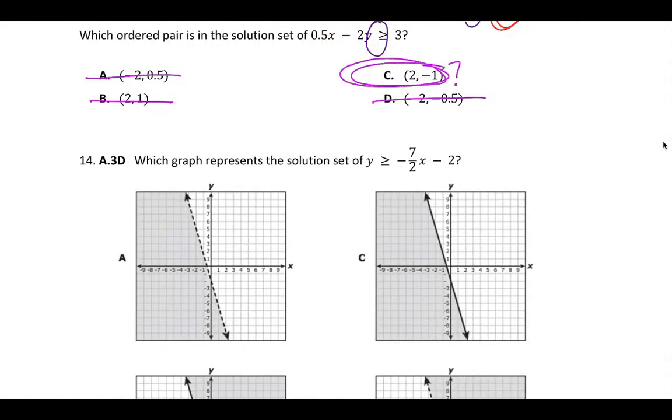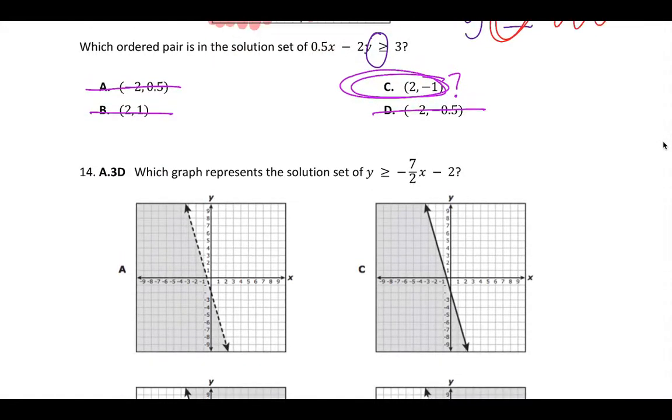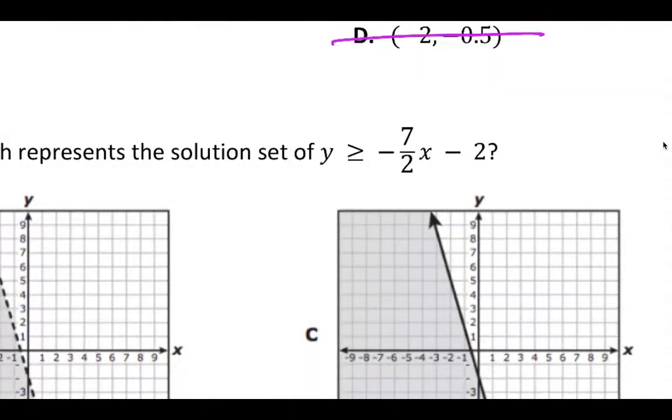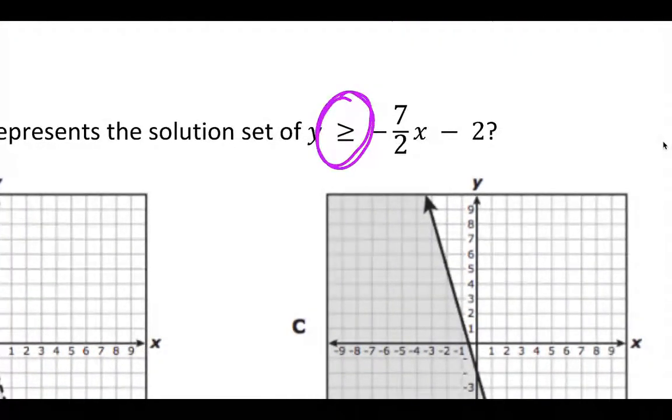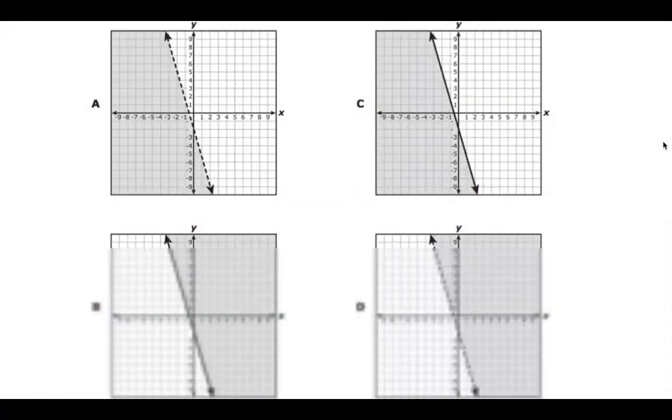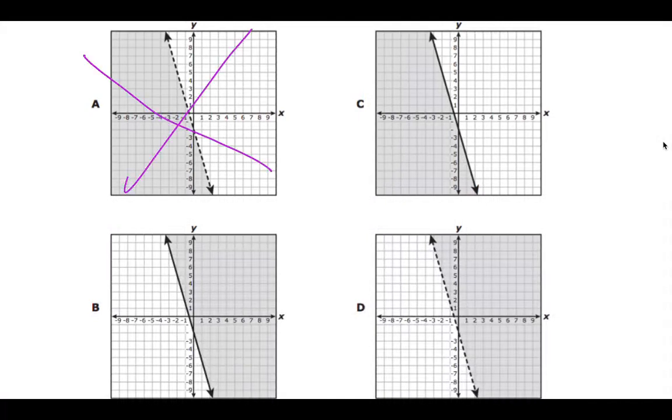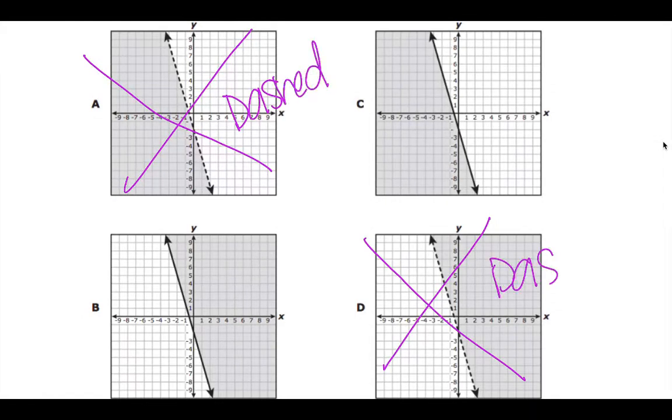Which graph represents the solution set for this inequality? Honestly, I would just look at the sign first and see if I can eliminate anything based on that. So knowing there's an equal sign, I know my line has to be solid. So this is a dashed line, so it's out. This is a dashed line, it's out. Dashed, okay.